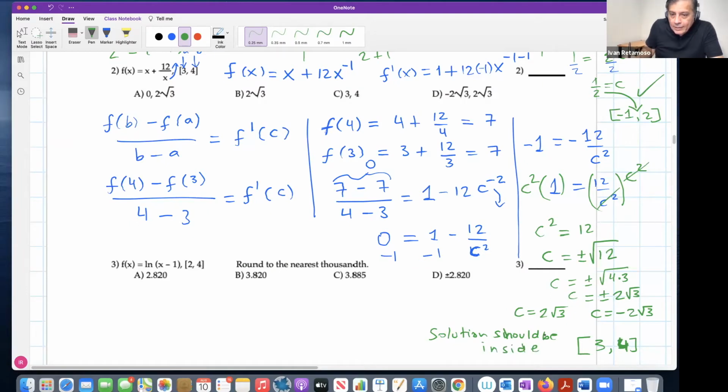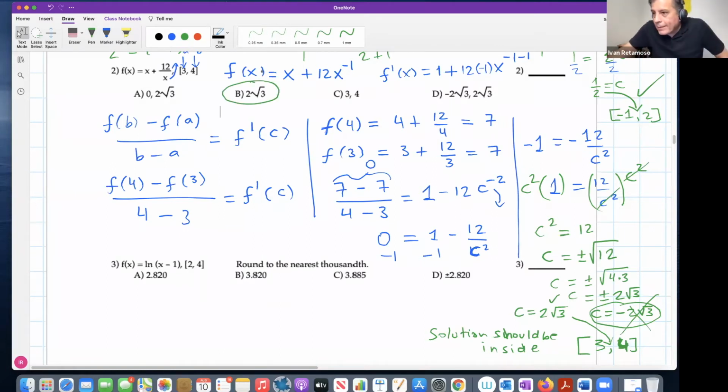This one is inside, but this is not, right? You follow, guys? Not inside. This one is inside, right? This checks. So you keep just the one that is inside. So this should be your solution in exact form.